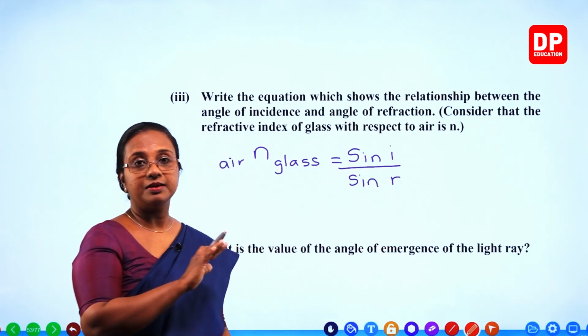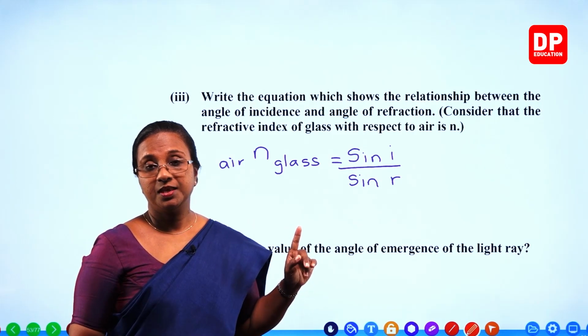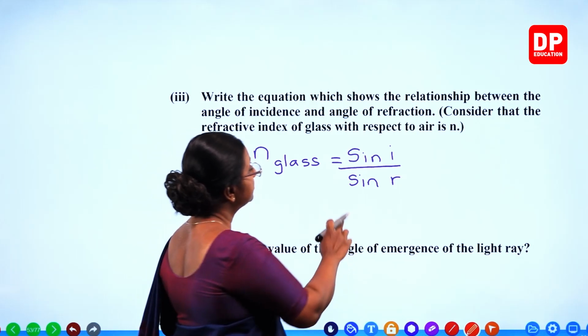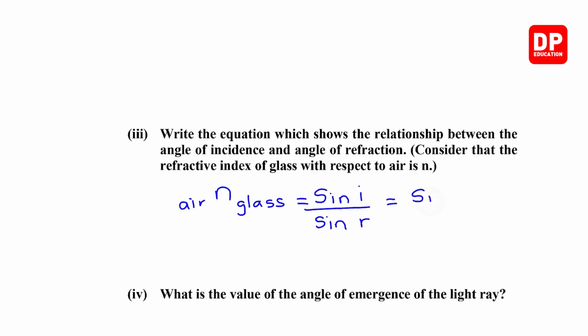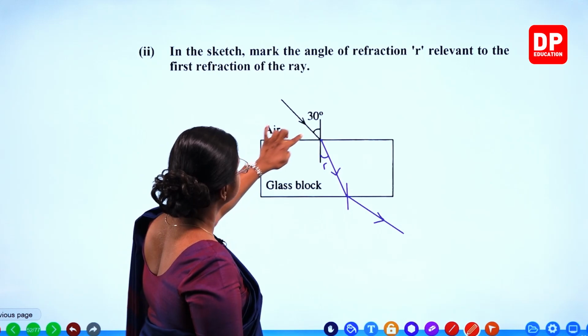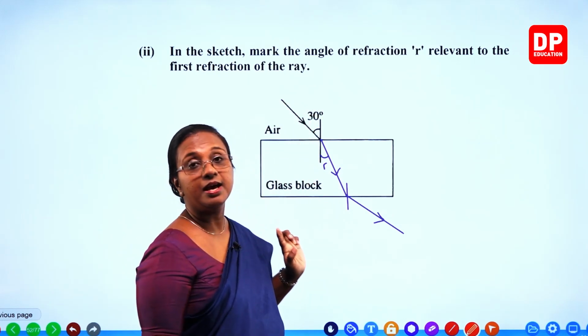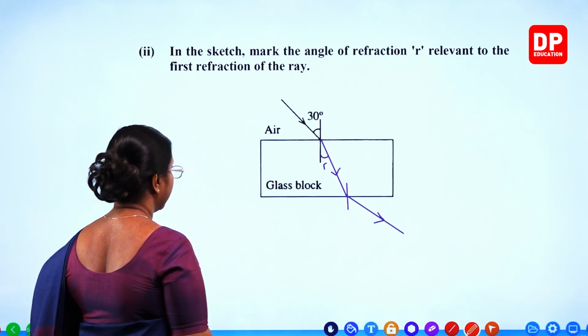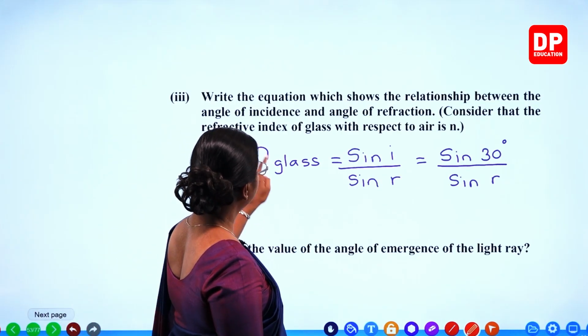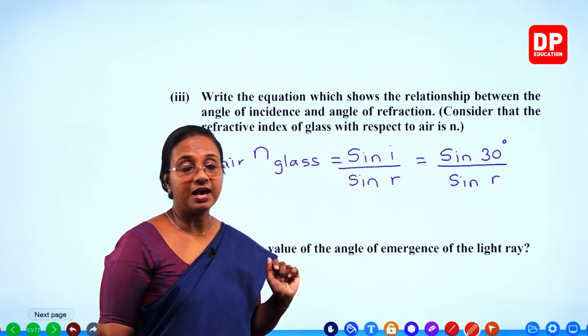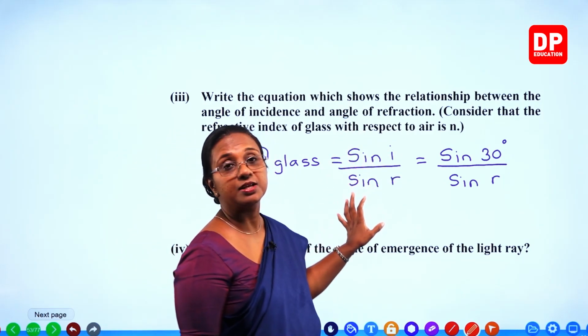But in the diagram, they have given the value for I. That is a 30 degree angle. So that means this will be equal to sin 30 divided by sin R. If we go back, here you can see this is 30 degrees, this is R. So sin I over sin R is the refractive index. So you can write N air to glass equals sin 30 degrees divided by sin R. You can skip this part as well.